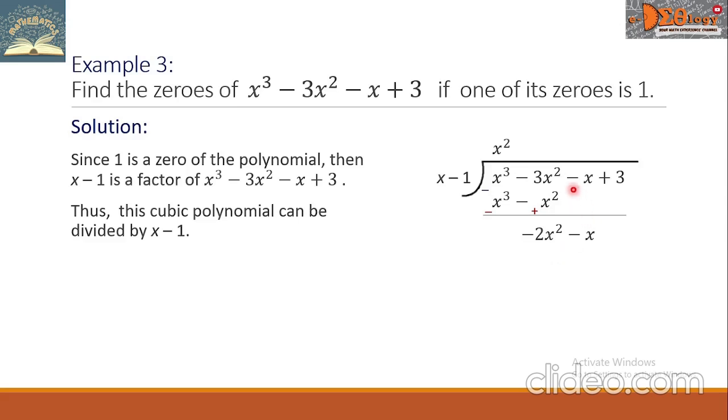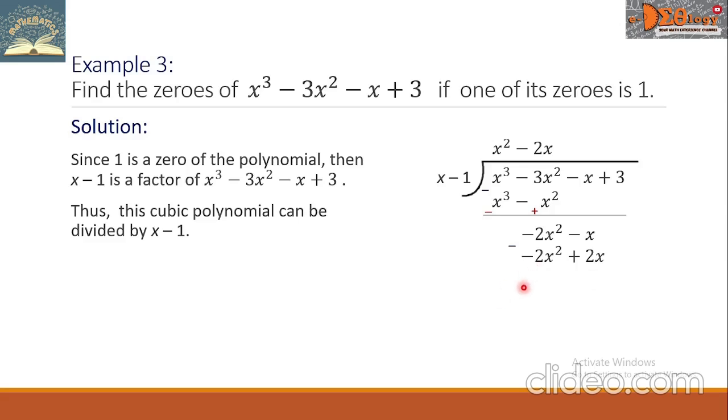Then we bring down this negative x. This is our new dividend. We divide negative 2x squared by x. The answer is negative 2x. The negative 2x we multiply to each of the terms of our divisor. So we will have this negative 2x squared, then plus 2x. Then we subtract.